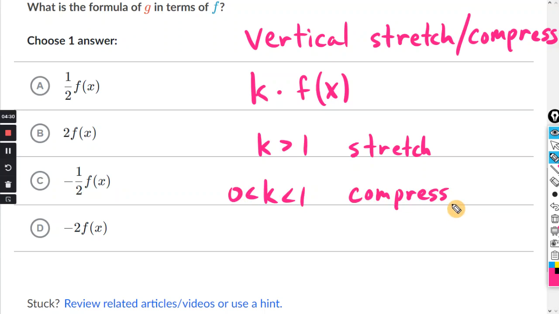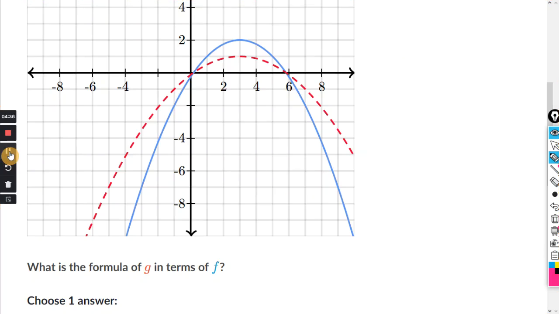So we just have to see what the graph is and then narrow it down to one of these. If this was vertically stretched, it would be more narrow than the blue graph, like so, but that's not what we have. We can see it's more wide, so that is vertically compressed, not vertically stretched.